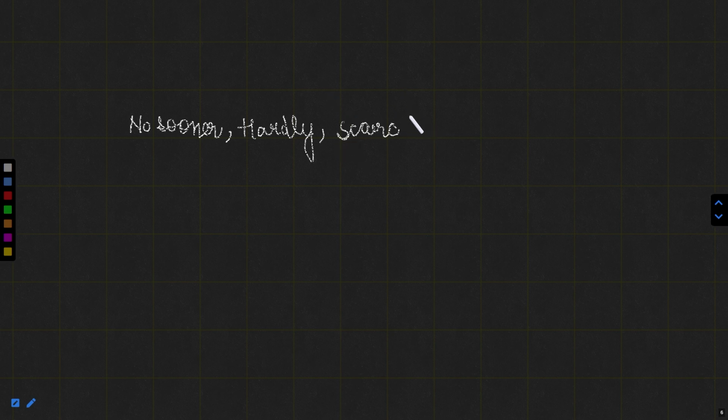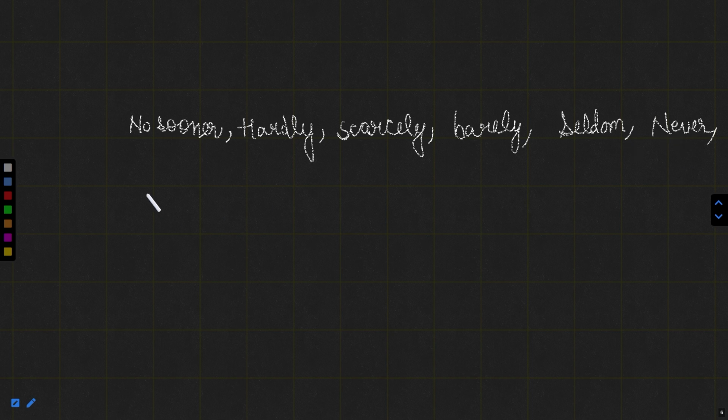Or if we have the words barely, seldom, never, so, little. Well, these are all negative adverbs basically.